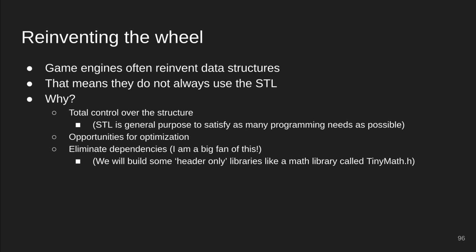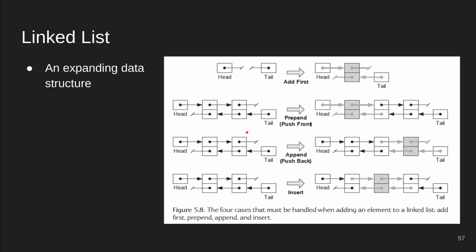There might be functionality that you don't need in particular data structures that makes them heavier. So there are lots of optimization opportunities in the STL. Just a fair warning that we'll probably build some header-only libraries or small libraries that do a task faster than something in the STL. But it's fine to just use the STL in this class.